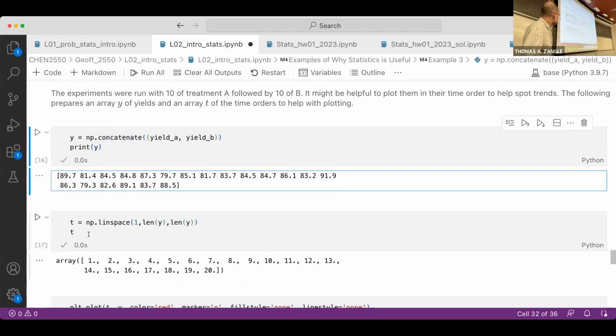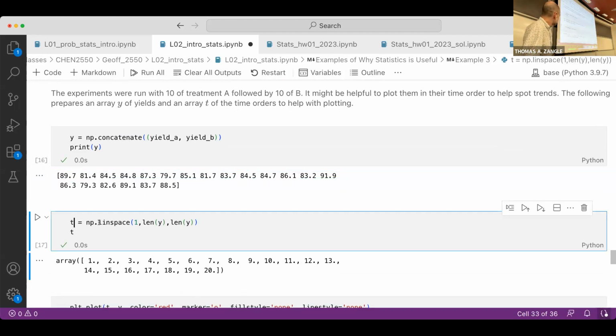Let's say we know the timing of it. They were taken every hour, minute, or something. So now we define a t variable using np.linspace. We could just go through and say t is equal to 1, 2, 3, 4, 5, all the way up to 20. This linspace command lets you do it a little more easily.